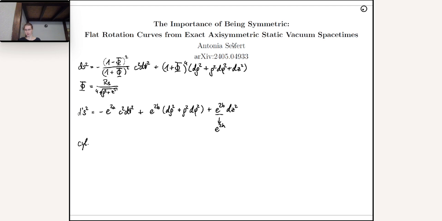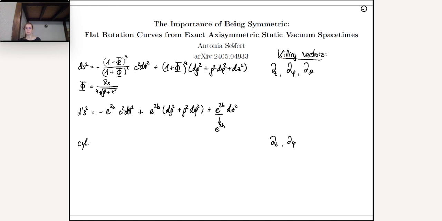For the cylinder and disk solutions, which I want to present now, I stay with the del t and the del phi Killing vectors. So here we have Killing vectors del t, del phi, and del theta. For the cylinder solution, we have del t and del phi. So these are the Killing vectors, which reflect the symmetries.